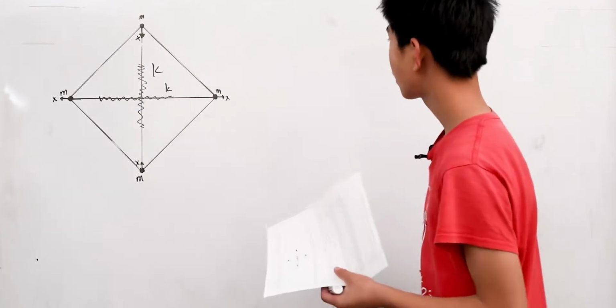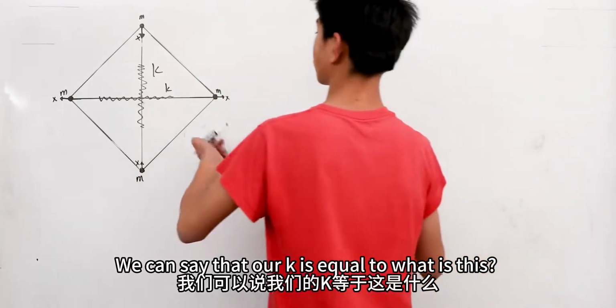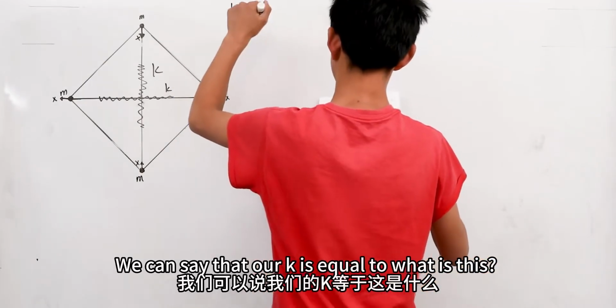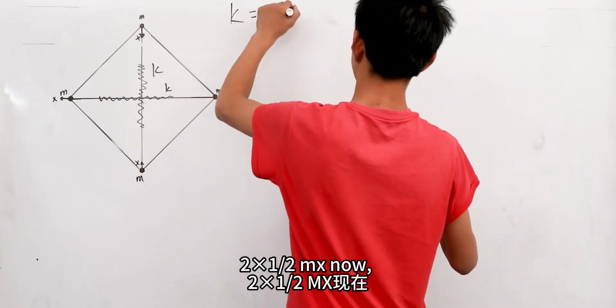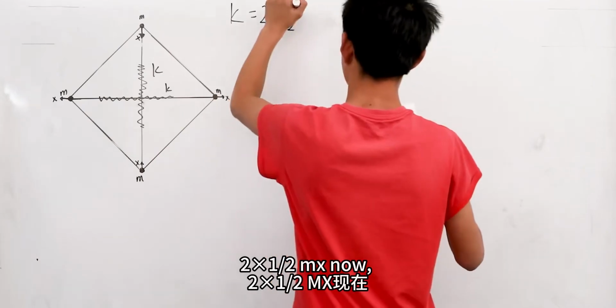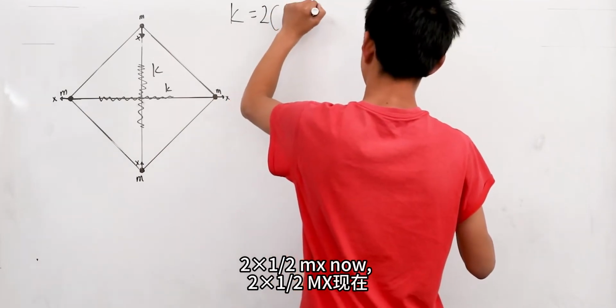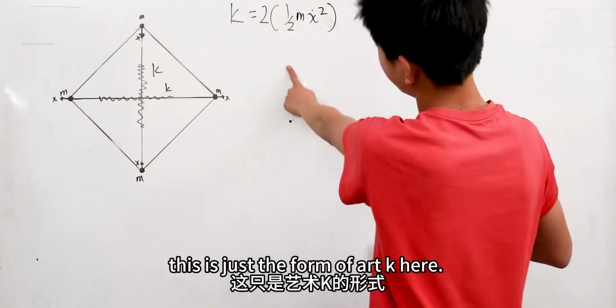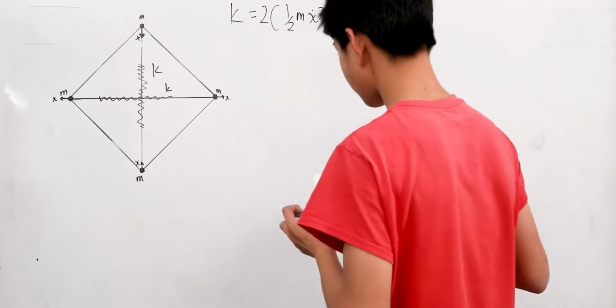x units. So we can say that our K is equal to, well, what is this? 2 times 1/2 m x dot squared. And this is just the form of our K here, our kinetic energy.